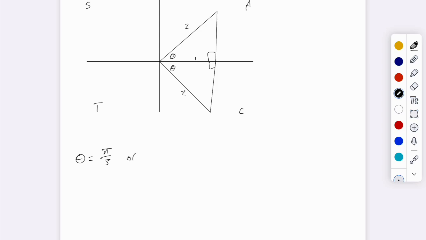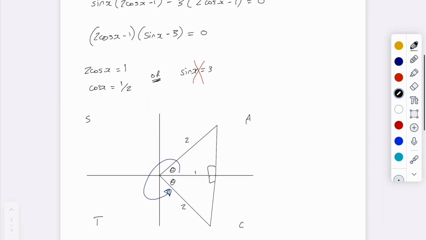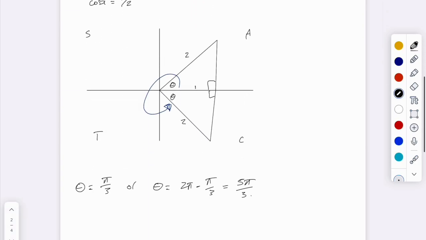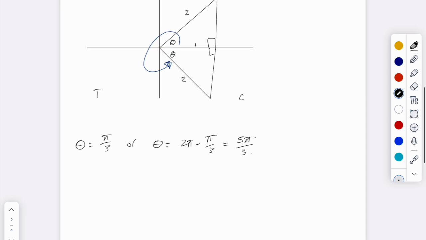Or, we apply it here: theta is equal to 2 pi minus pi over 3, which equals 5 pi over 3. So these are two answers. And obviously we've got our range, our bounds here. But cos x has a period of 2 pi.